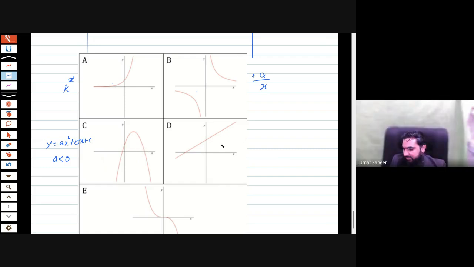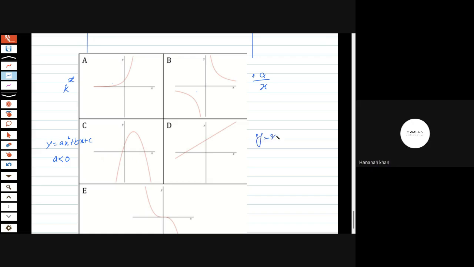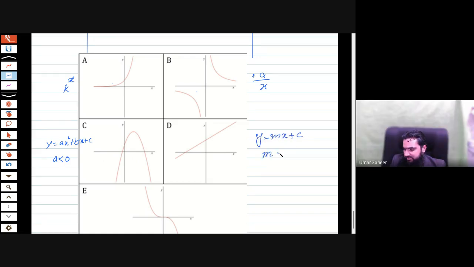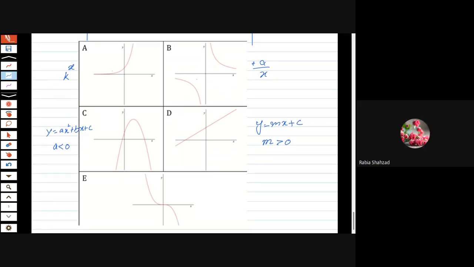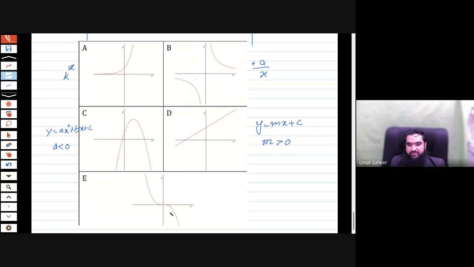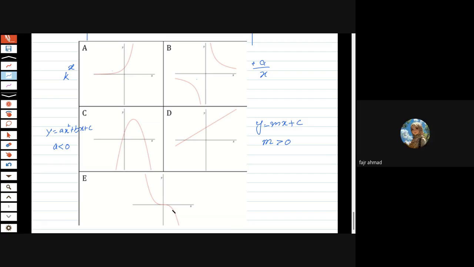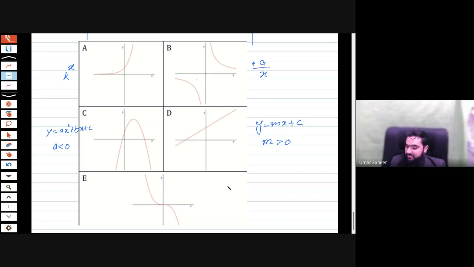Now here it is a straight line, linear, y is equal to mx plus c, and we are pretty sure the gradient must be greater than 0. Now the last one is cubic. So y is equal to ax cube plus bx square plus cx plus d.